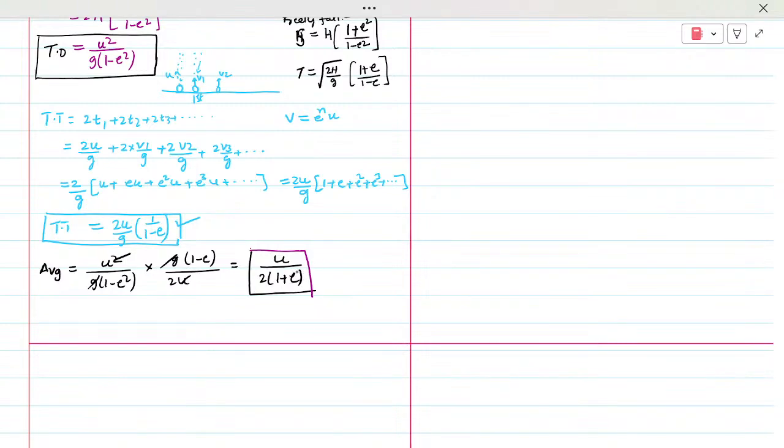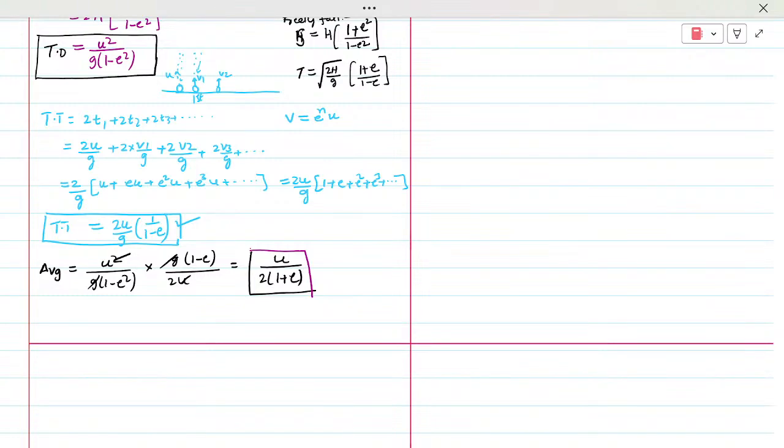So for total momentum, multiply by m and we will get the answer. This is the total momentum imparted to the ground. Total momentum imparted to the ground means the change in momentum of the first particle.